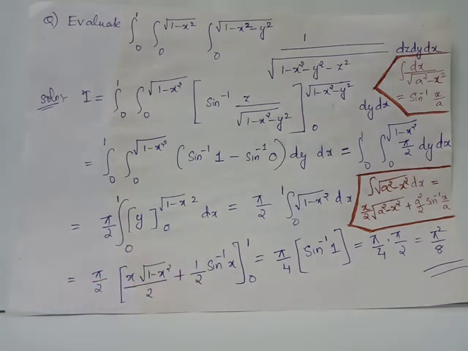When you give the upper limit, x equals 1, in this expression it becomes 1 by 2 times sine inverse 1, which becomes 1 by 2 times pi by 2. Thus we obtain the triple integral value as pi by 2 times 1 by 2 multiplied by pi by 2, which becomes pi square by 8.